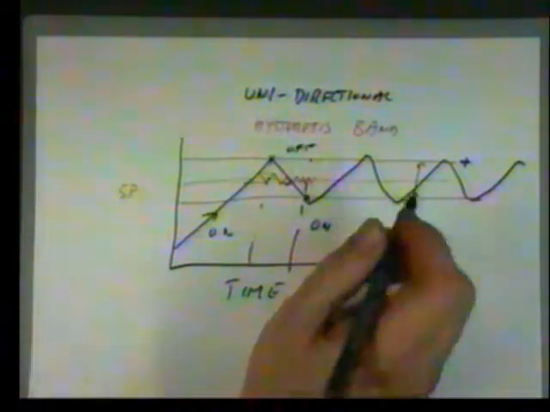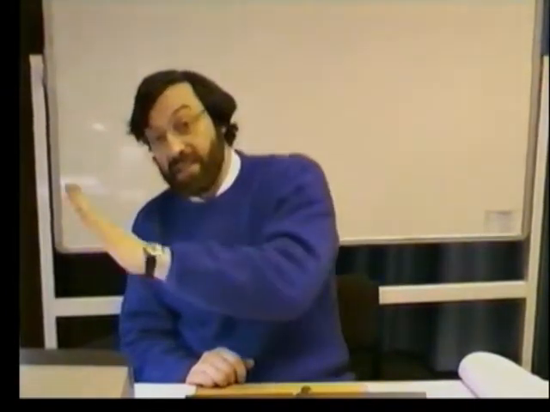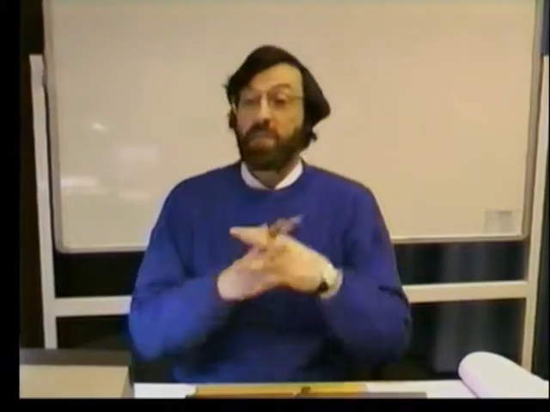So what you do, in order to get rid of the hunting, you widen the set point out and you trap the measured variable inside the hysteresis band, so it bounces up and down.